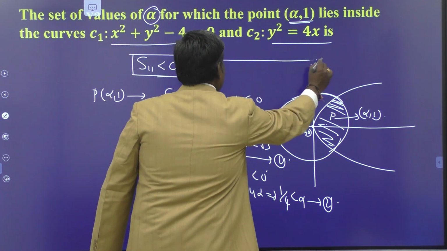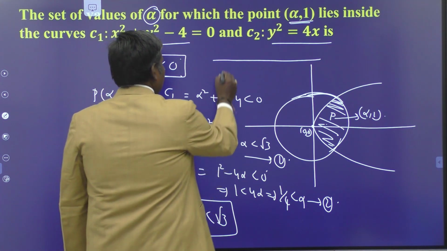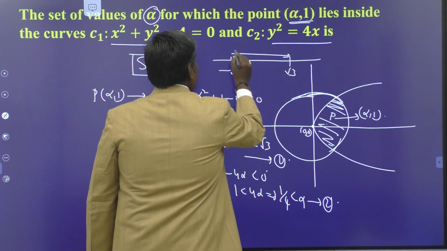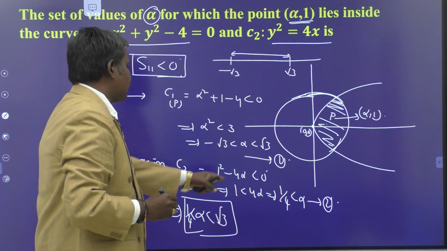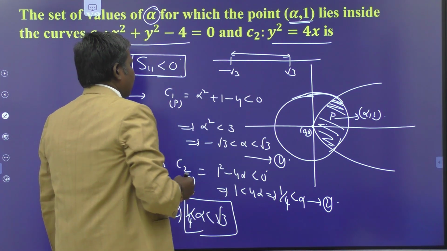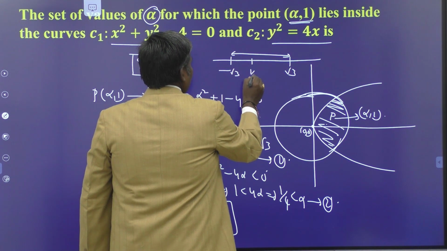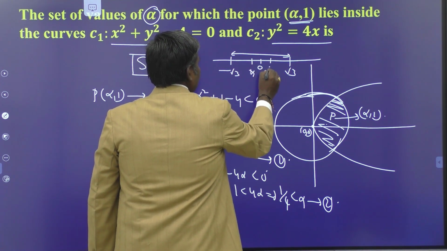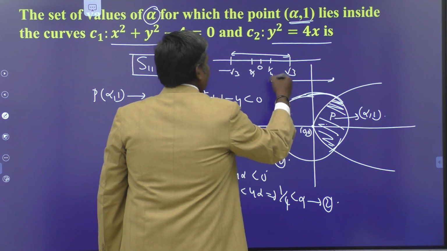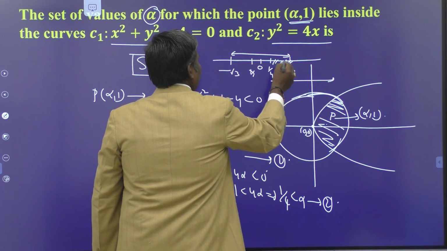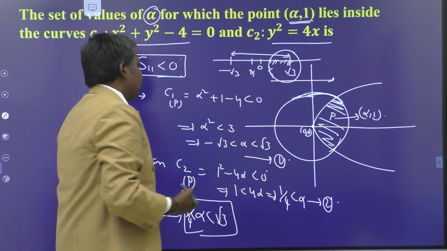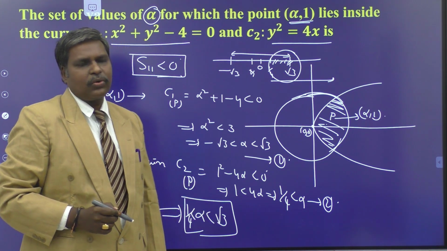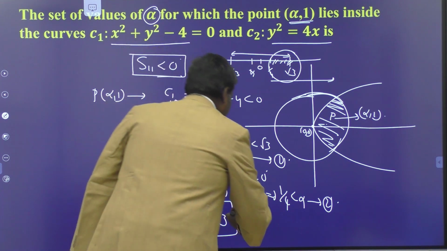Because by taking the number line, this is minus root 3, this is root 3, and from the second equation alpha greater than 1 by 4, this is 0, this is 1 by 4. So you take the common region, that is 1 by 4 to root 3. 1 by 4 less than alpha less than root 3 is your required answer.